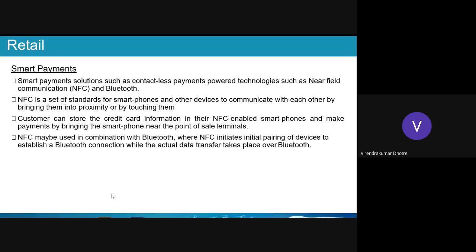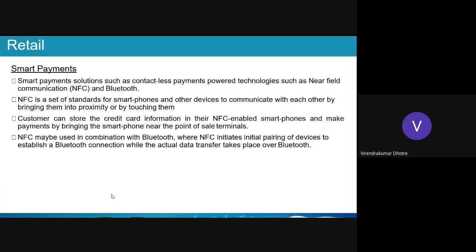Smart payment solution is a contactless payment technology which is called NFC, near field communication. Nowadays, if we go to a mall or any shop and purchase something, at the payment we can swipe our ATM card, or give cash, or use net banking or something like that.